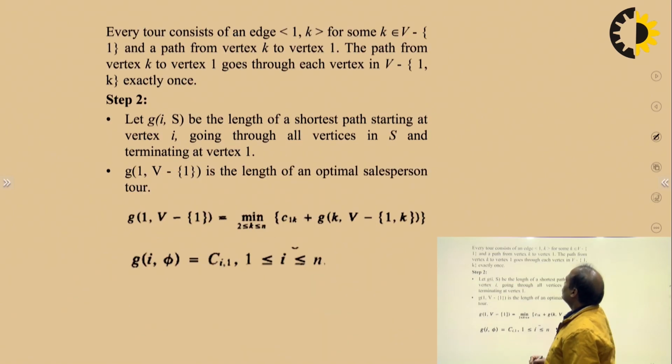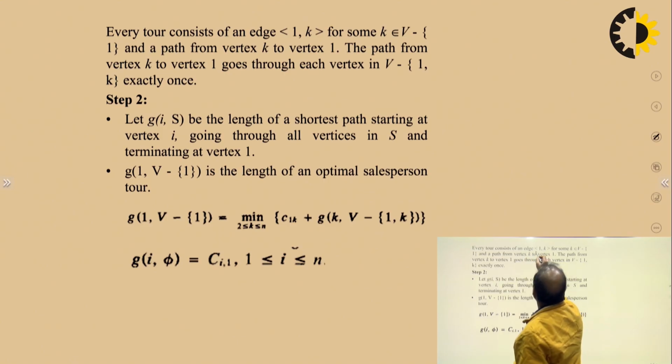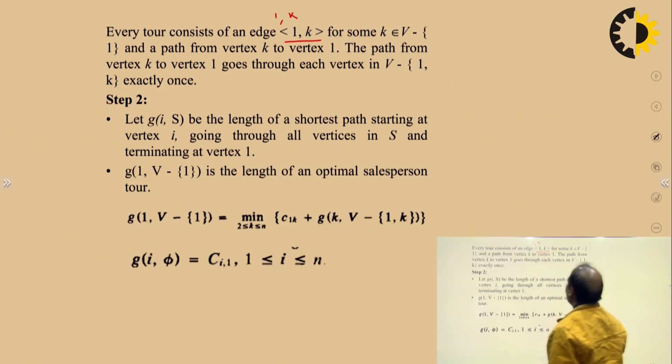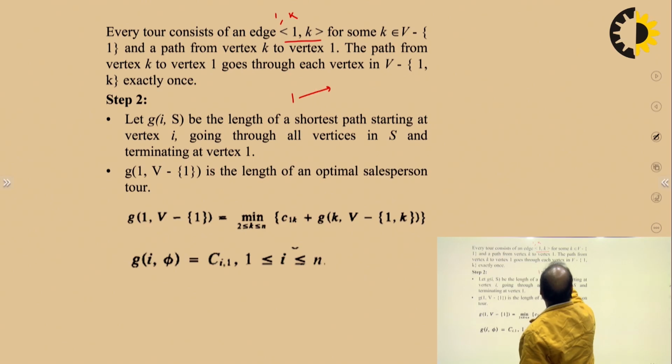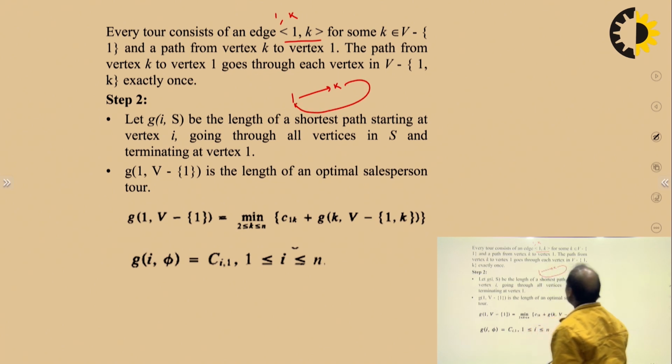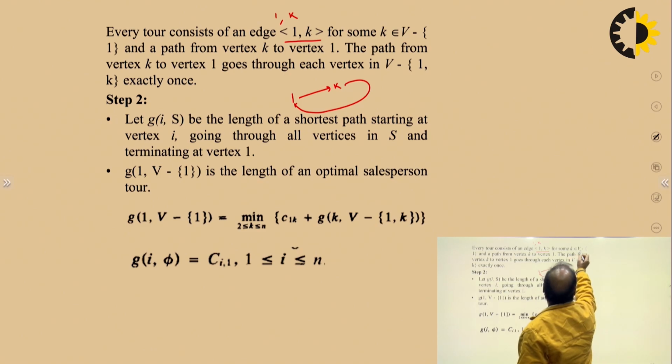So every tour consists of an edge. Of course, if you start from 1, you are going to go via some K, starting from 1 via K, and K can be any other vertex, and finally you have to come back to 1. So for some K belonging to V minus 1; of course, K is not going to include 1, so all the vertices minus 1, and a path from K to 1 also. So this is the first step.